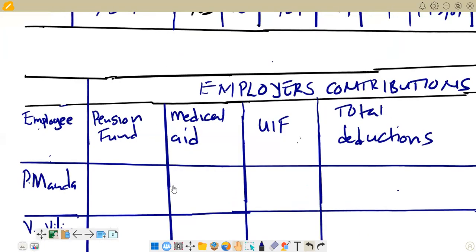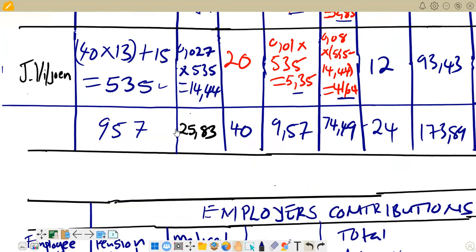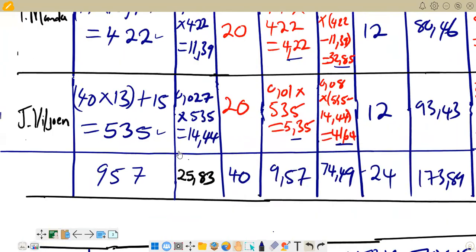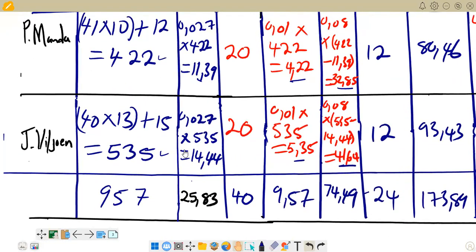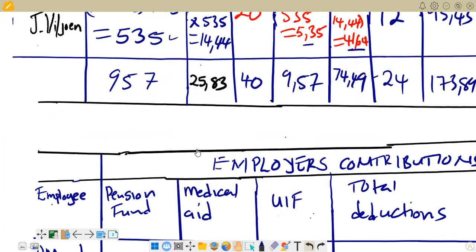So if you come here, you see that for pension funds, PMAND is 11.39, and JV Join is 14.44. So we are just going to enter those for the two.